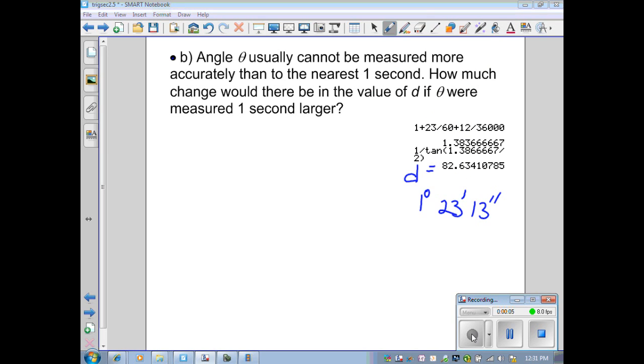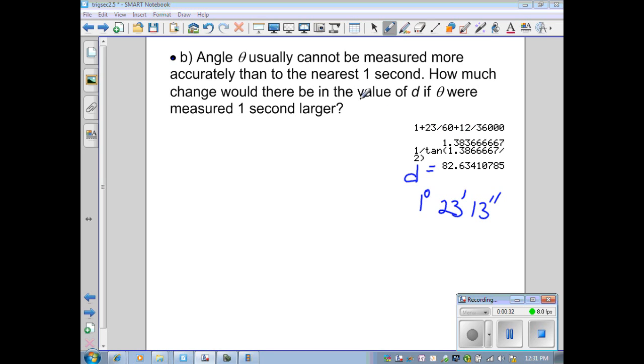Here, they tell us that angle theta usually cannot be measured more accurately than to the nearest 1 second. How much change would there be in the value of D if theta were measured 1 second larger? From the previous slide, I have brought over the calculator estimation, and here I have D equal to 82.634107. I also know that our previous angle was 1 degree, 23 minutes, and 12 seconds.